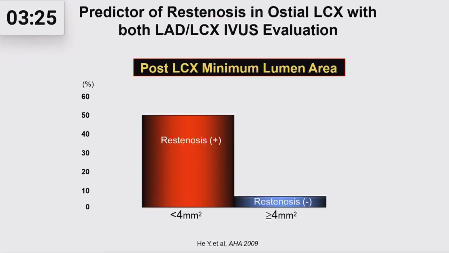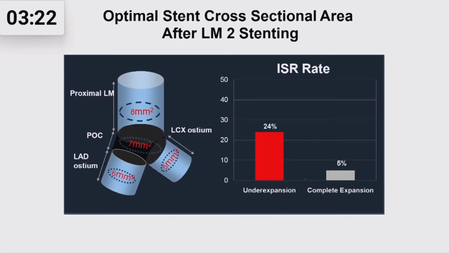With IVUS properly introduced, we can optimize the stent expansion, especially after a two-stent strategy. We can see the proximal left main is 8 millimeters, the distal left main is 7, and the LAD is 6 and 5. If the minimum lumen area is 8 or 7 in the left main and 6 or 5 in the LAD and LCX, then the in-stent restenosis (ISR) will be less.